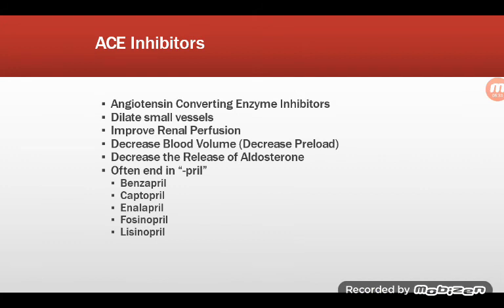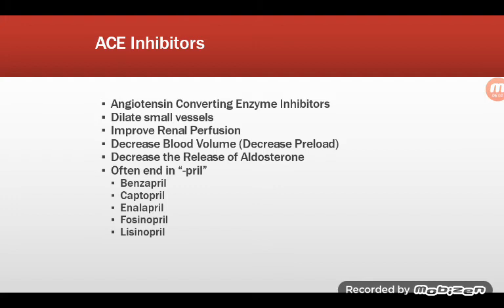So, ACE inhibitors we spoke of earlier, but we're speaking of them again because we do use these as a cardiac med also. And we also talked about using them merely for blood pressure before. These are the angiotensin converting enzyme inhibitors. They dilate small vessels, improve renal perfusion, decrease blood volume, decrease preload, decrease the release of aldosterone.